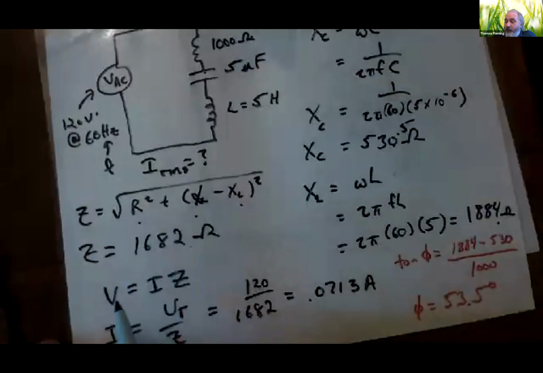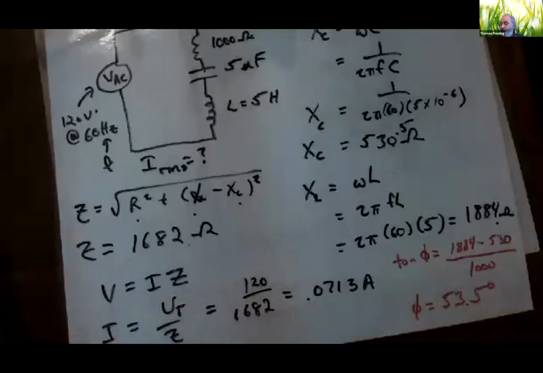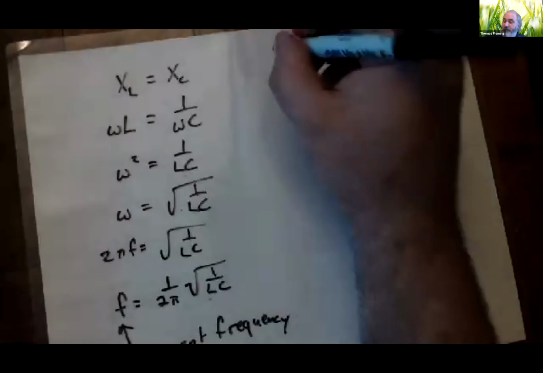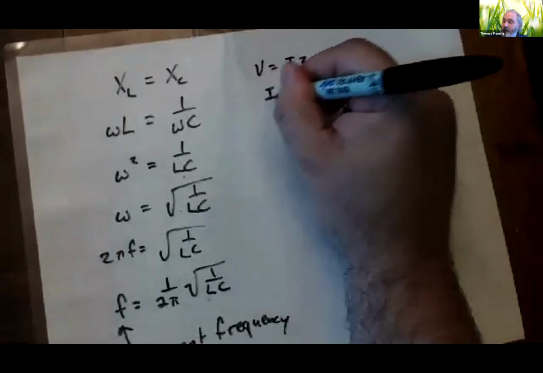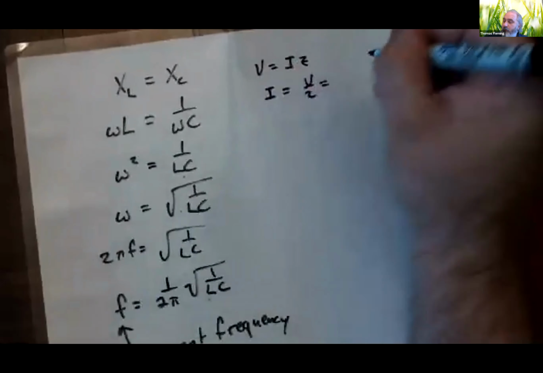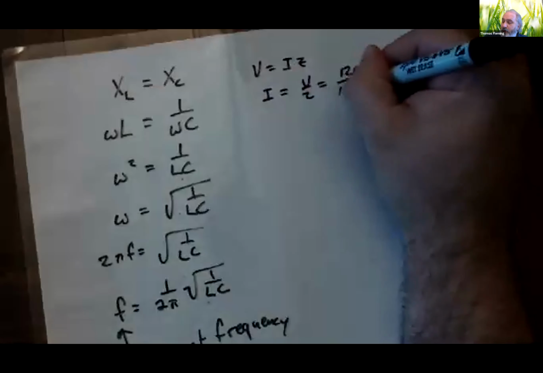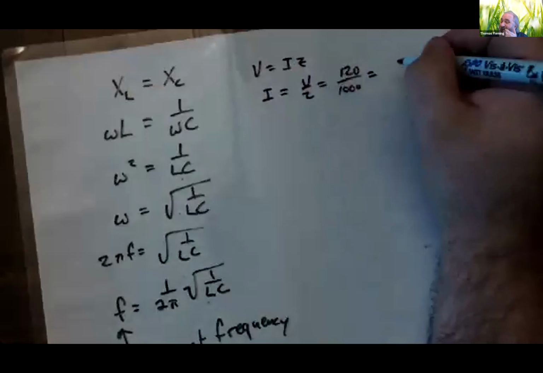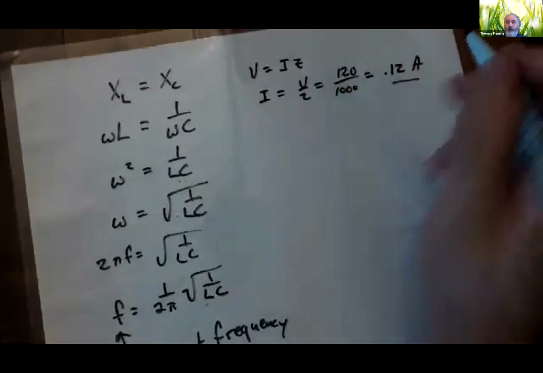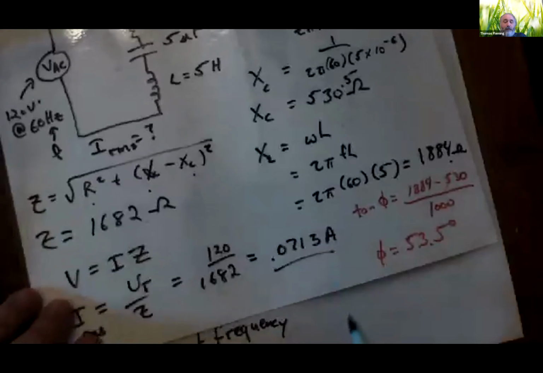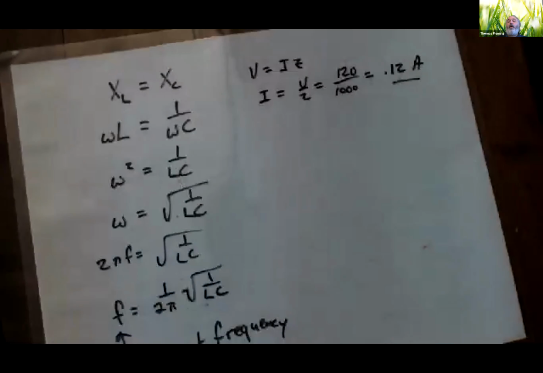And at that point, V equals IZ, and I equals V over Z, 120 divided by 1,000 is 0.12 amps, which is clearly bigger than what we were getting before. So yeah, I'm getting more current at that resonant frequency.